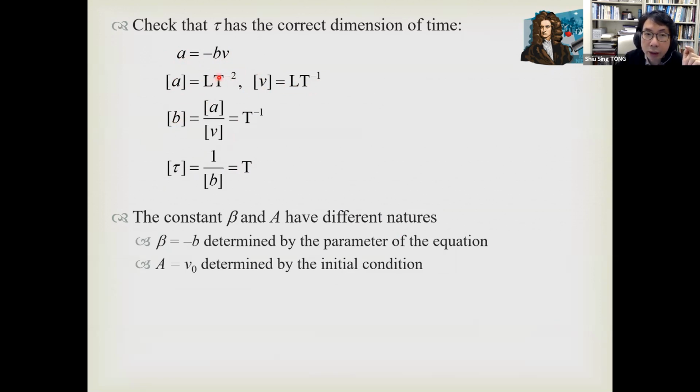When you divide, you get t to the power -1. And so 1 over b, which is the reciprocal, has a dimension of time. And that is the dimension of the time constant tau that we defined previously.